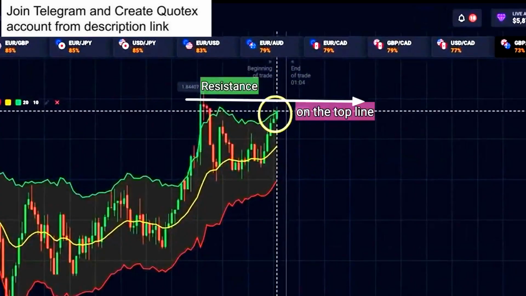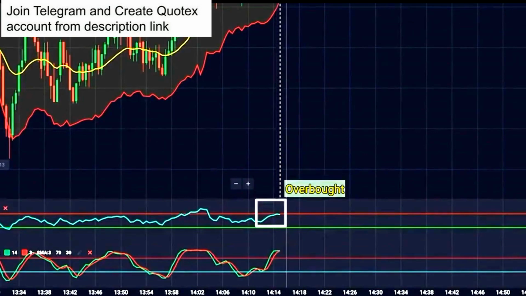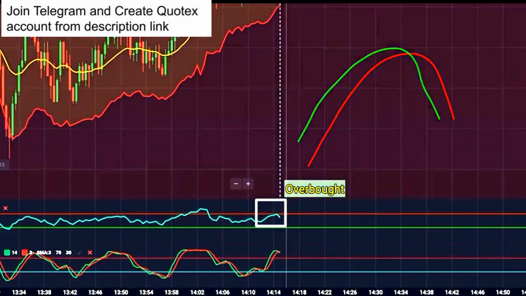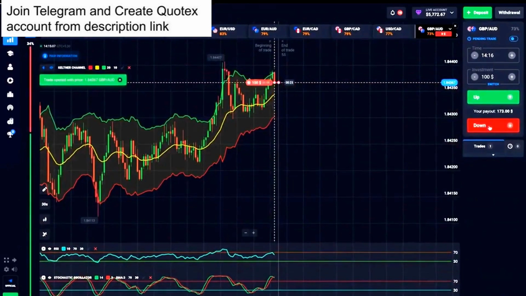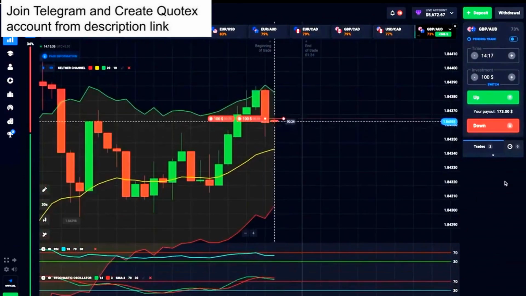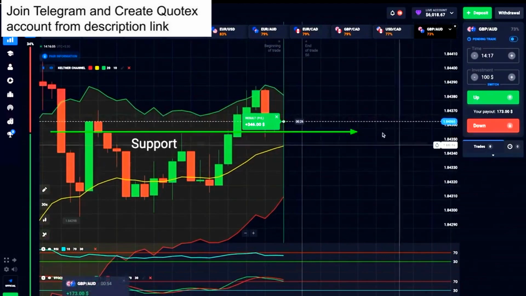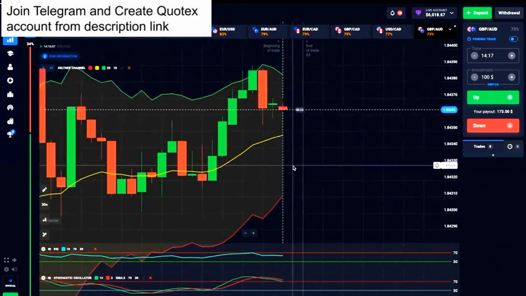Here also the market is on the upper Keltner line, and RSI is also in overbought. I will enter immediately when the stochastic lines intersect on the downside. Also the market has stopped here because of a small support, but our entry here has won.